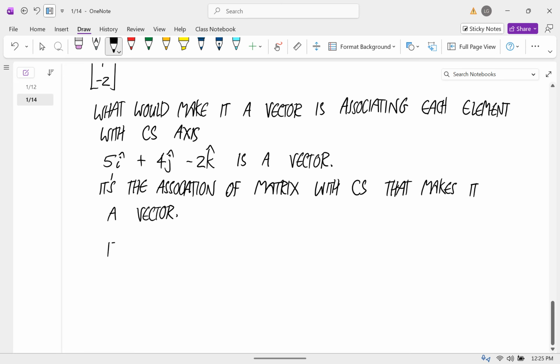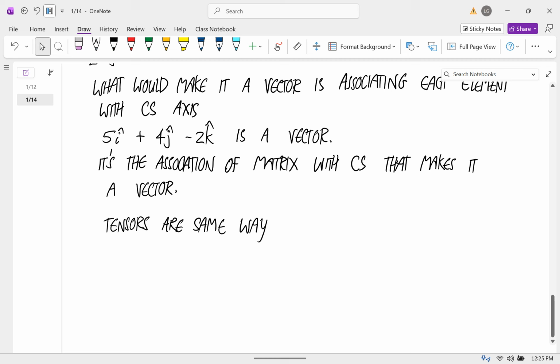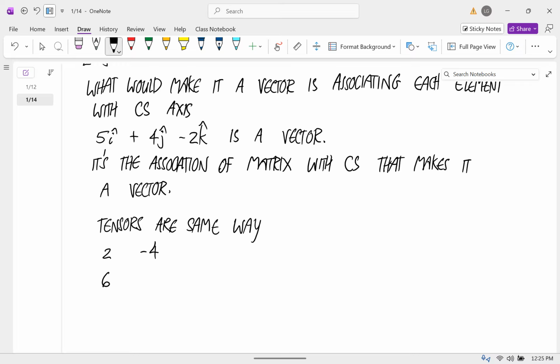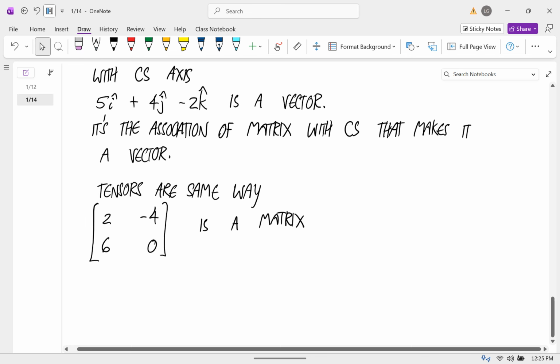Tensors are the same way. So 2, -4, 6, 0 is a matrix. But associating those matrix elements in a certain way with coordinate axes is what makes it a tensor.